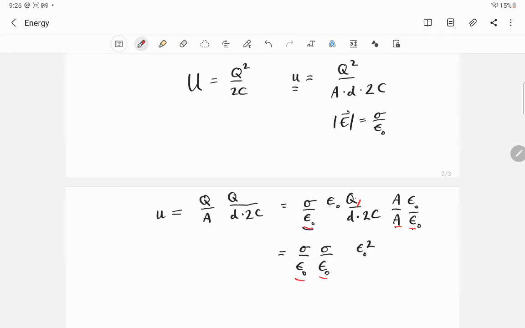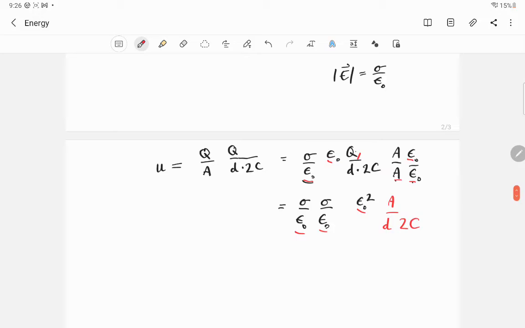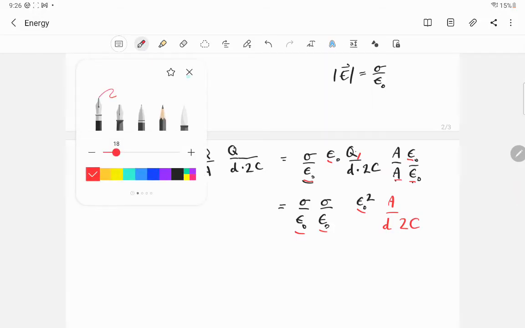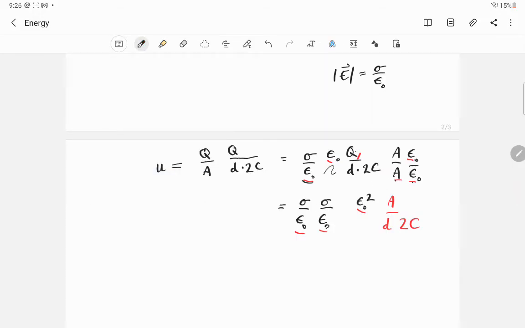And then I've got this epsilon naught and this epsilon naught, they're here. So the things that I haven't included are this A, which is on top, this D, and this twice C. Just algebraically, you can go and make sure that I did everything right, but I think I did everything right.